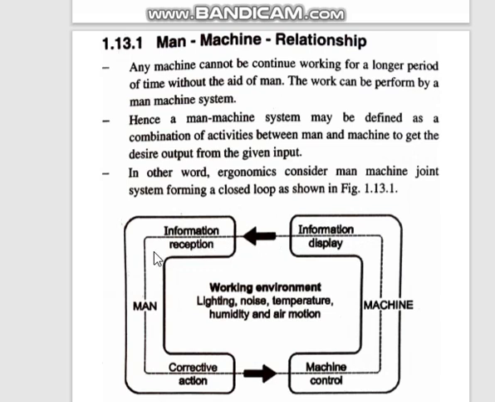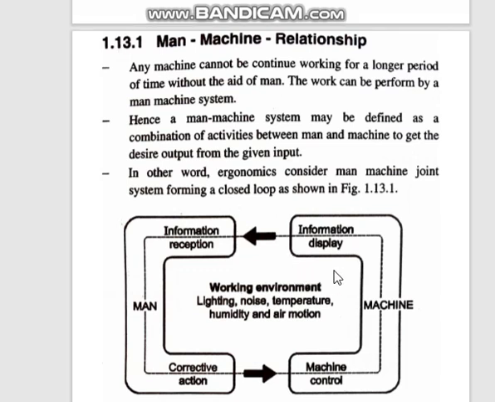Then he sees whether the old lady has crossed the road, and takes a corrective action. Now he says, okay, you can remove the foot from the pedal and go forward. This is how a man machine system works.